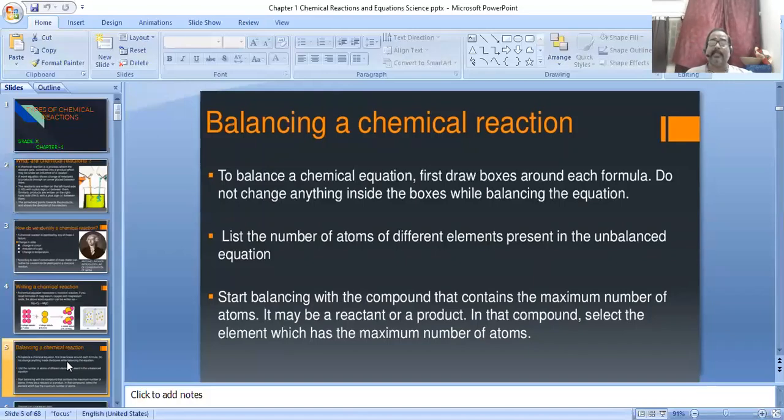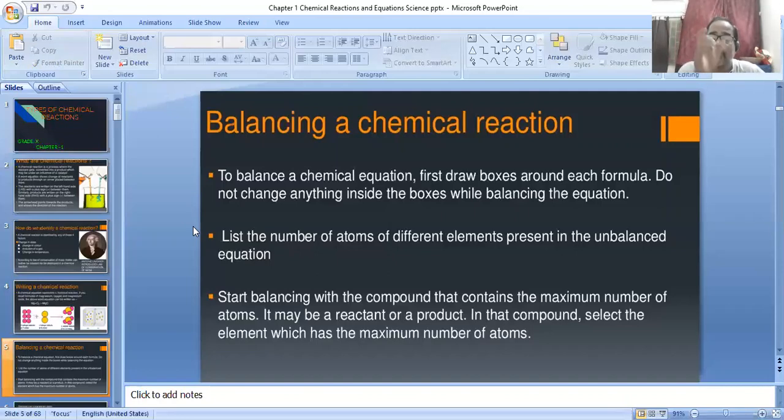Okay, generally there are some rules to balance a system like that. Here, to balance a chemical equation, first draw a box around each formula. Do not change anything inside the box while balancing the equation. That means the atomic numbers present before, you cannot change. Number 2, list the number of atoms of different elements present in the unbalanced equation.